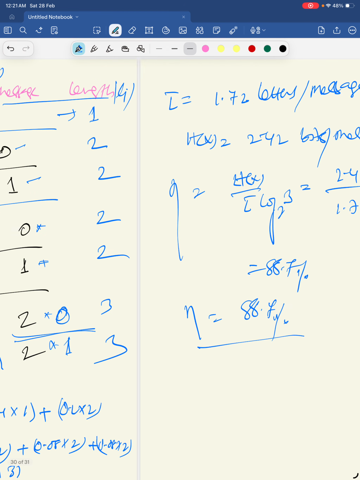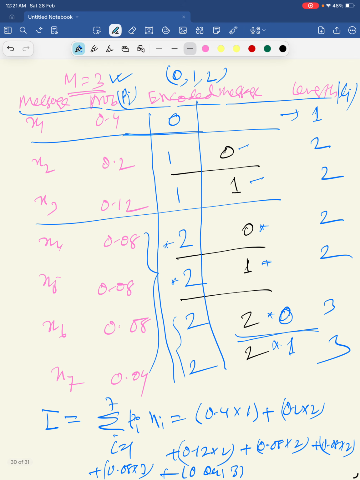Just try to see if the number of bits changes to code, and we will solve.